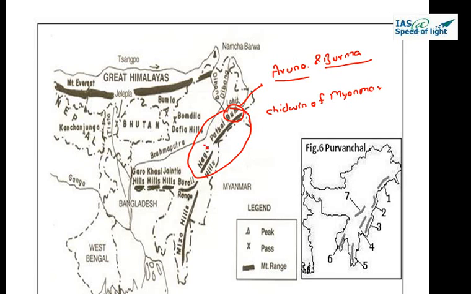Then you have Naga Hills, then the Mizo Hills, and before that the Manipuri Hills. Naga Hills, the topmost peak is Mount Saramati. Now how will you link it with the Naga Hills?